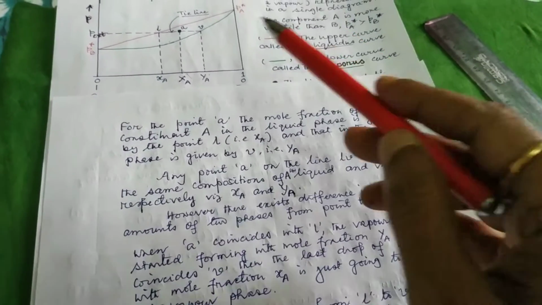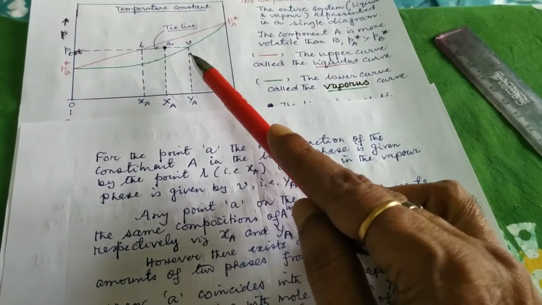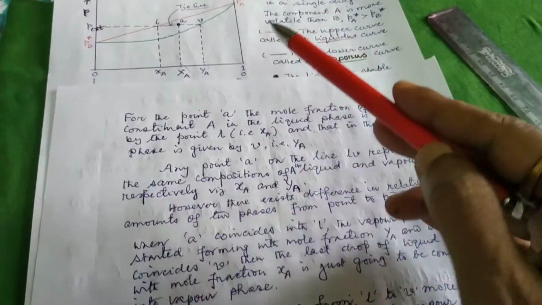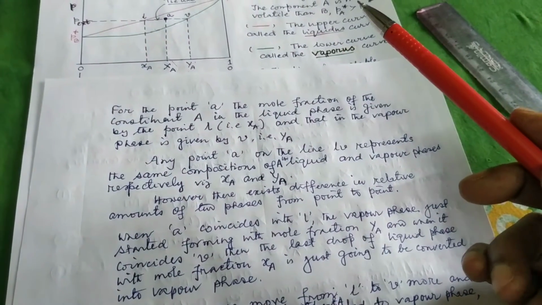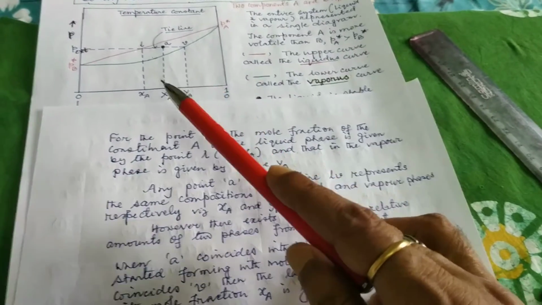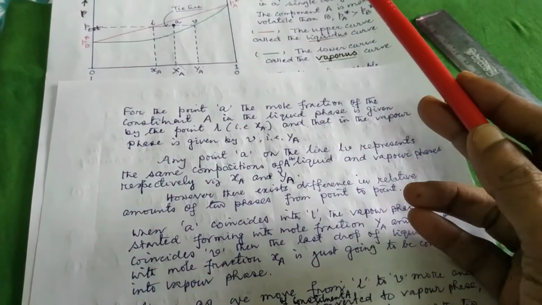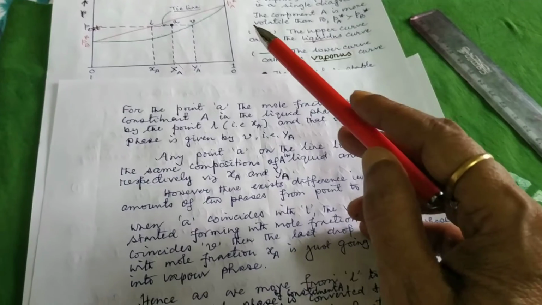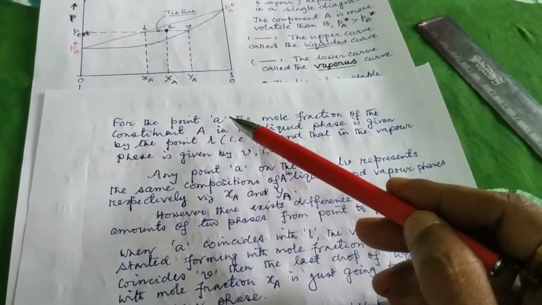and when it coincides with the point V, we can say that the last drop of the liquid phase with mole fraction XA is going to be converted into vapor phase. Okay?